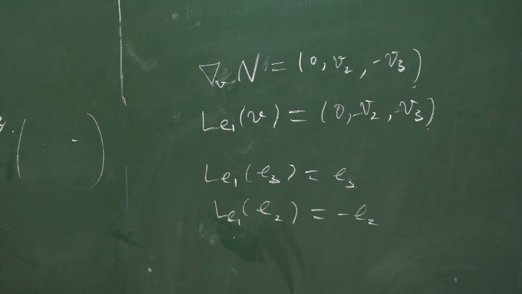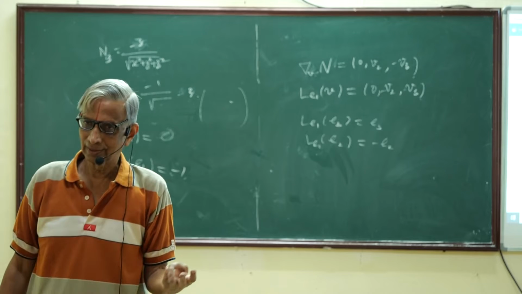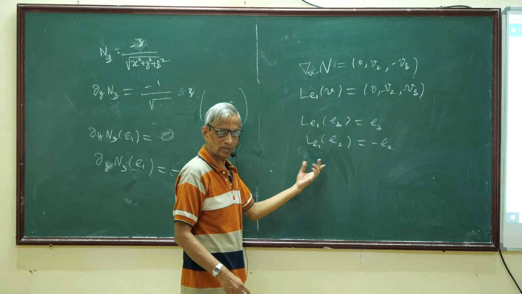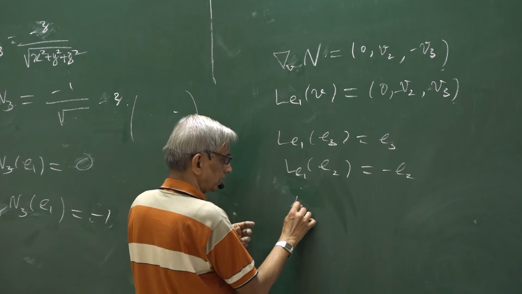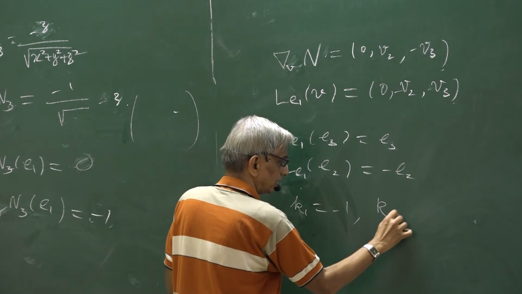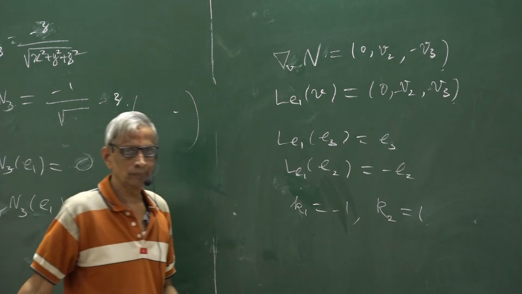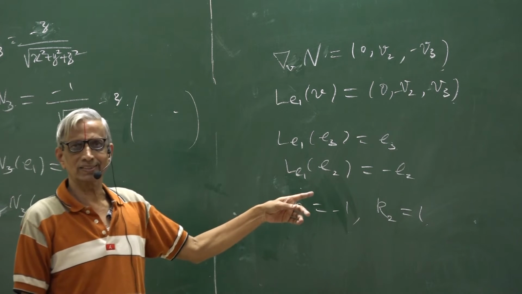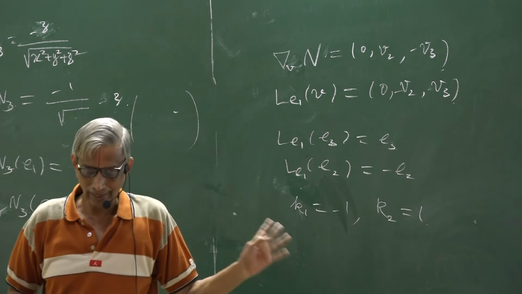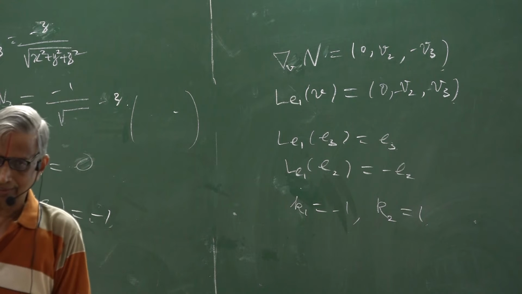So K1 is minus 1, right? The smaller of the two. So K1 is minus 1, K2 is 1. So the principal directions are minus E2 and E3, okay?